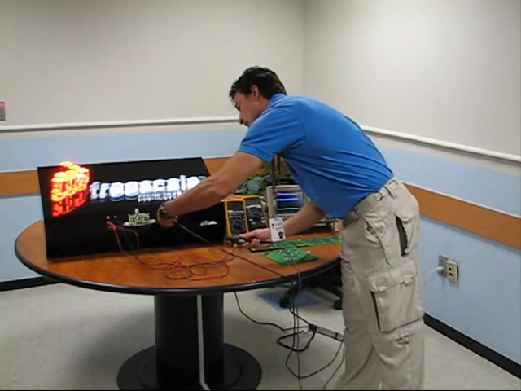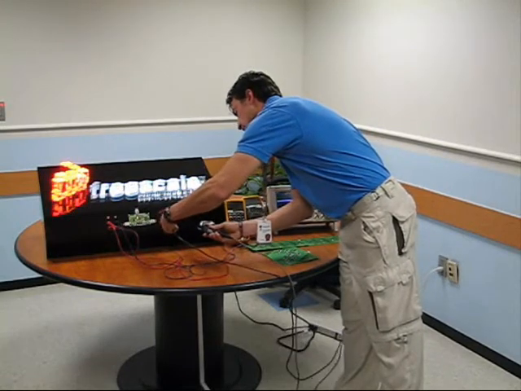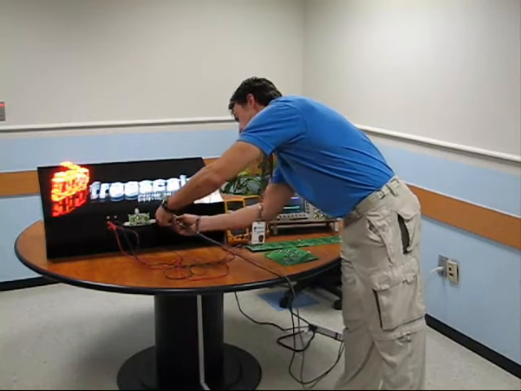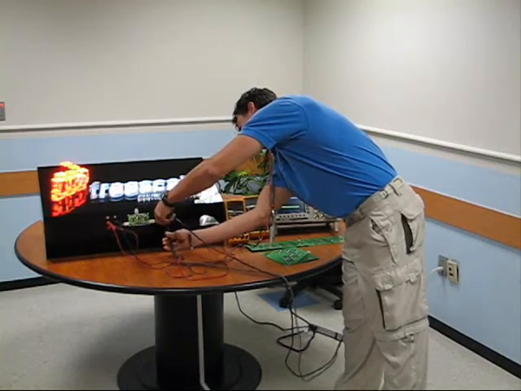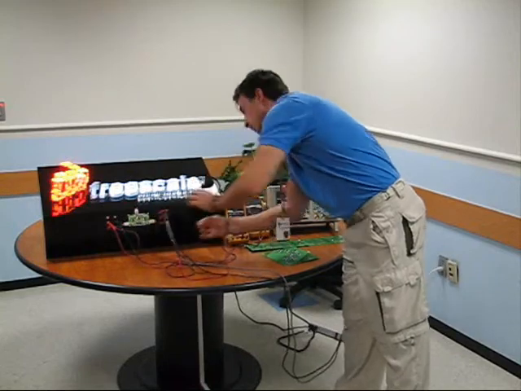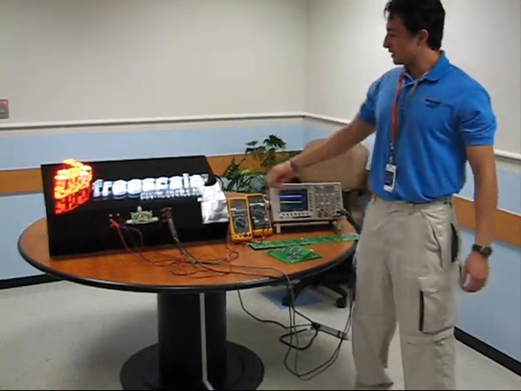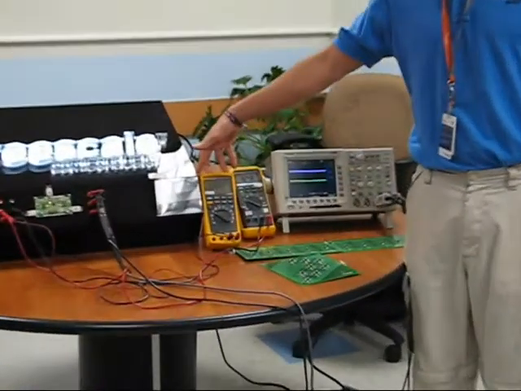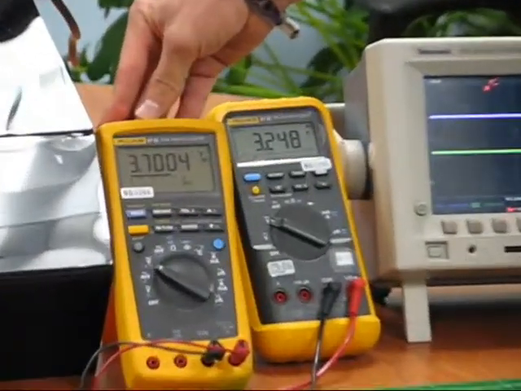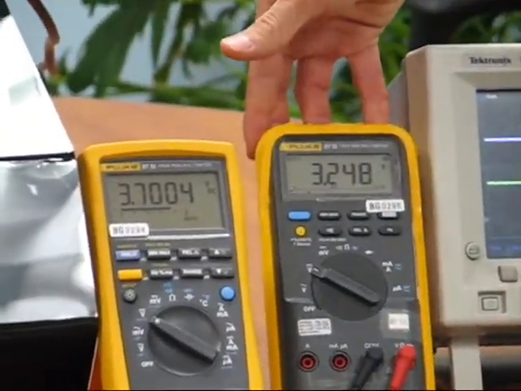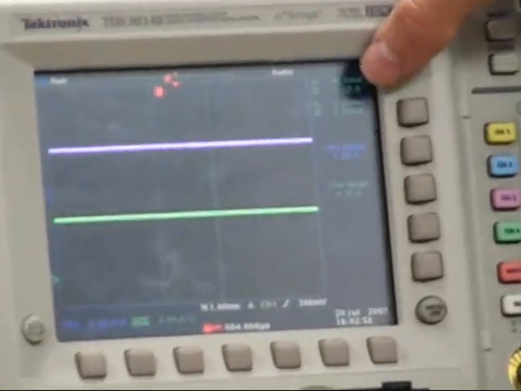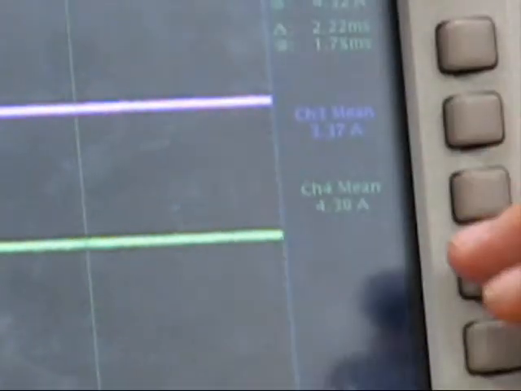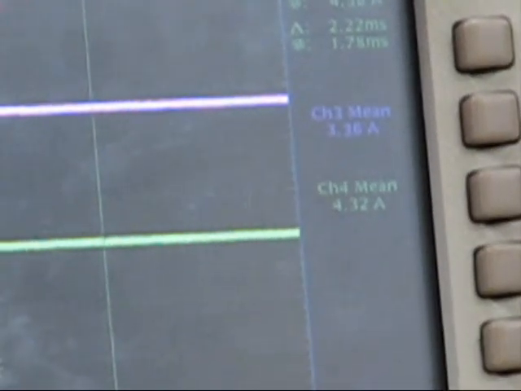Now let's connect this here, channel 1 and channel 2. So now we can see the readings on the multimeters. Channel 1 corresponds to the first multimeter and channel 2 to the second one. At the same time, the oscilloscope is reading, the red wave is reading the channel 1 current and the green wave is reading the channel 2 current.